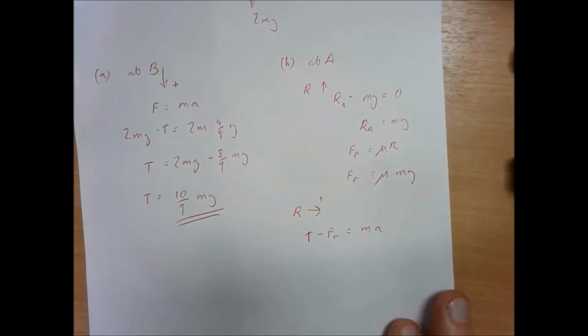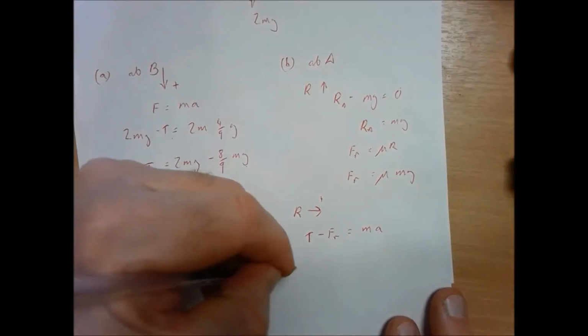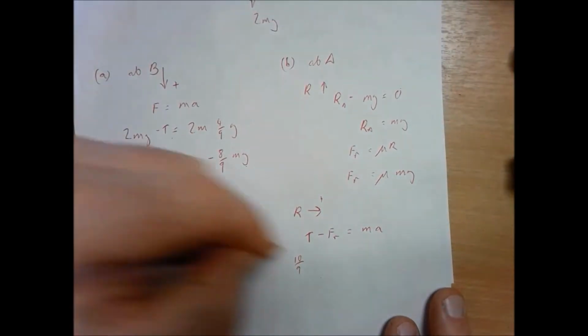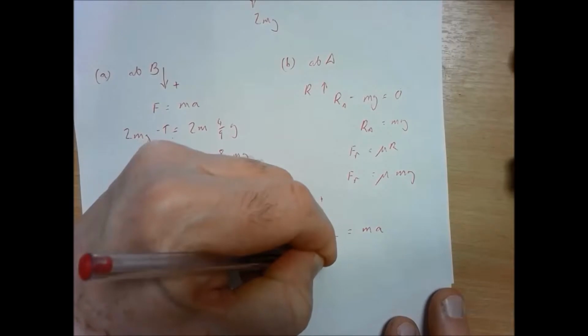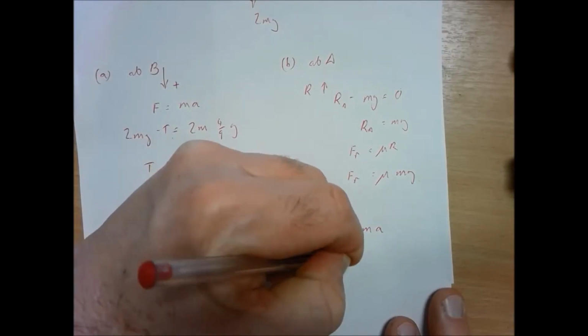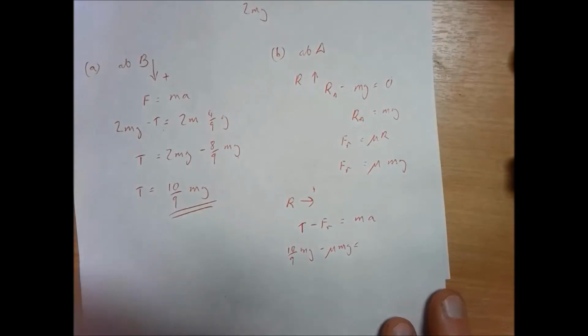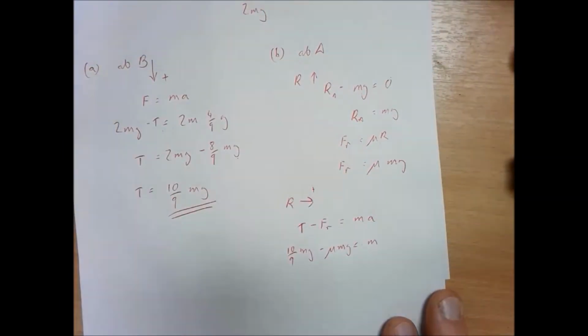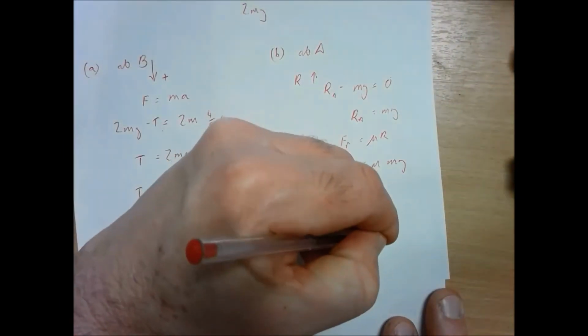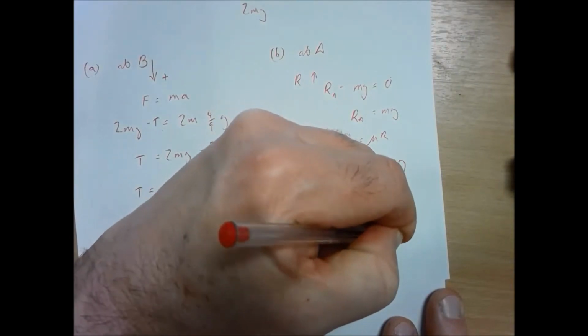Now let's put in some numbers in here. I've got 10/9 mg minus mu mg equals mass, which is m, times a, which is 4/9 g.